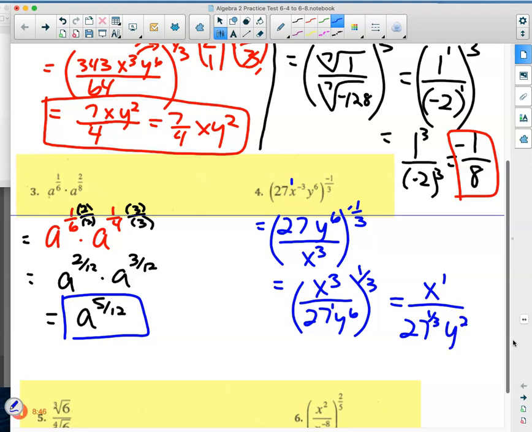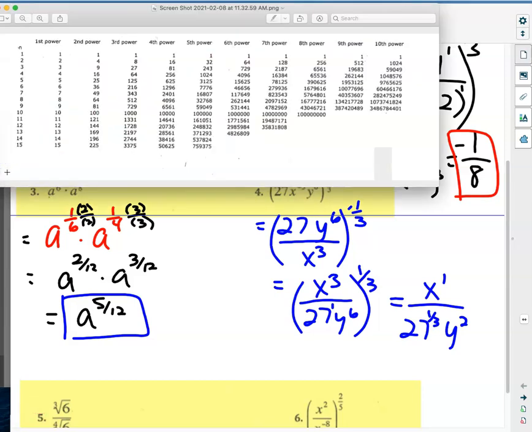And then I realize, hey, wait a second. We know what the 1/3 power of 27 is. That's cubed root. So you either look it up on a power chart and say cubed root 27 is 3, or you just remember from all of our work that number showed up a lot.